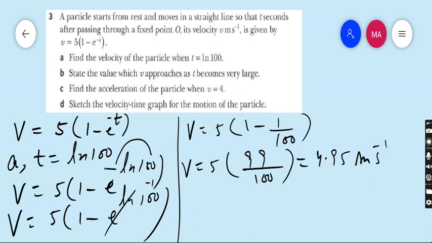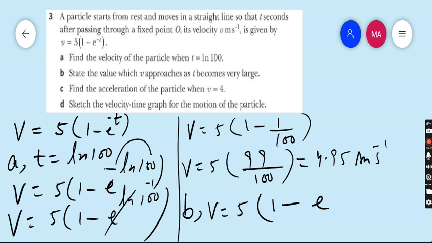Okay. Part B. State the value which v approaches as t becomes very large. Very easy. T becomes very large means, v equals 5 into 1 minus e power minus t.